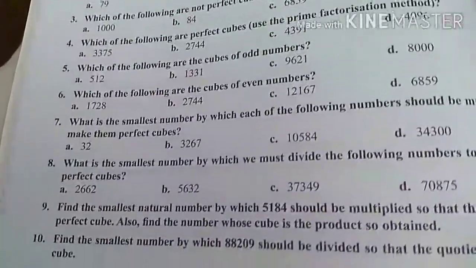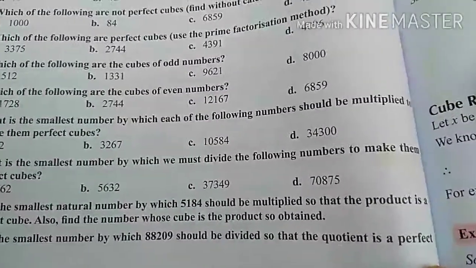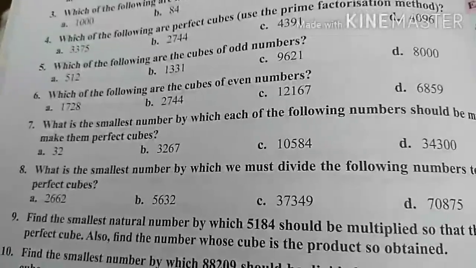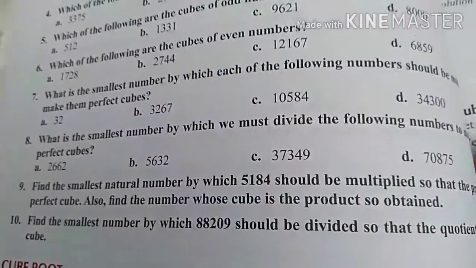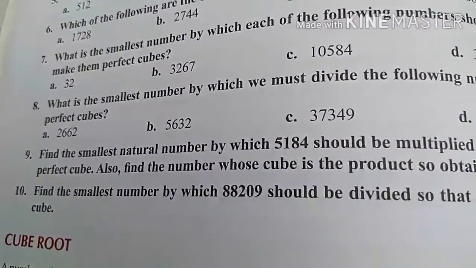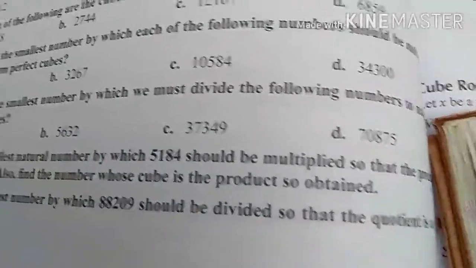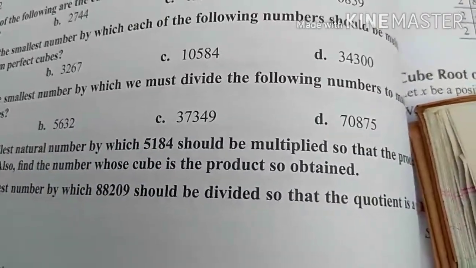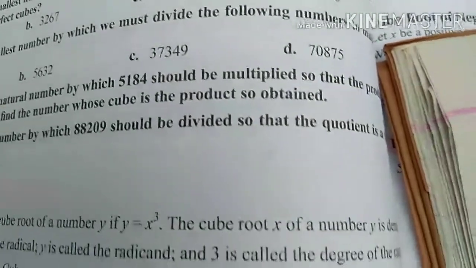Similarly, look at question number 8. What is the smallest number by which we divide the following number to make them perfect cube? So we have to take question number 8b, 5632.